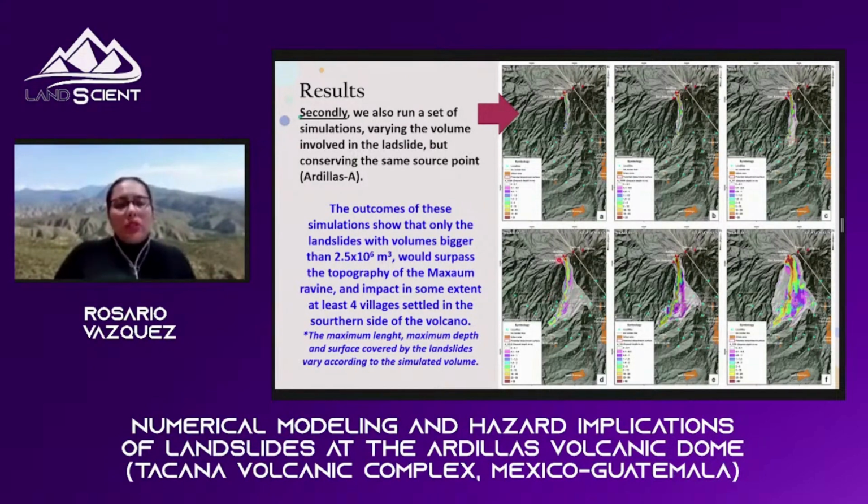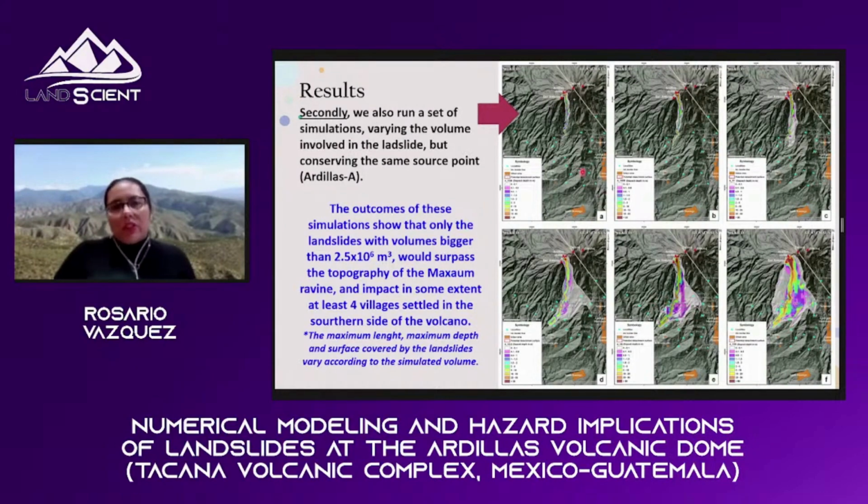But when we reach the simulation where we involve an input volume bigger than 2.5 million cubic meters, part of the material associated with the landslide begins to expand or distribute to some other parts outside of the ravine.